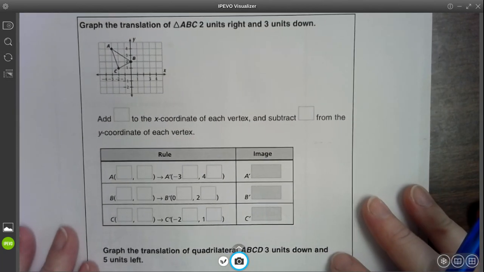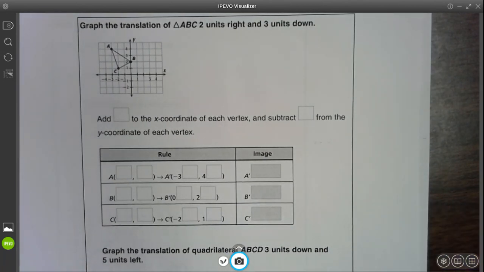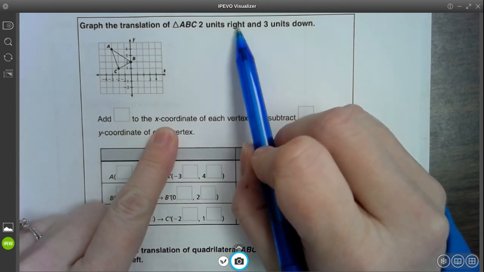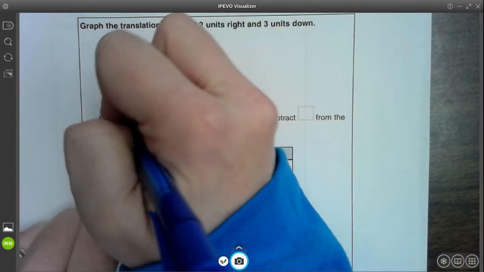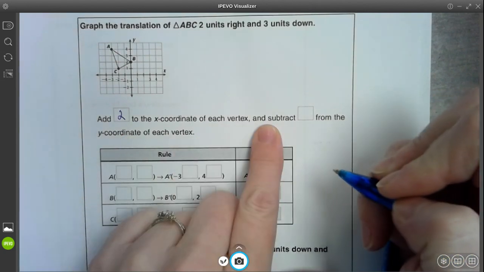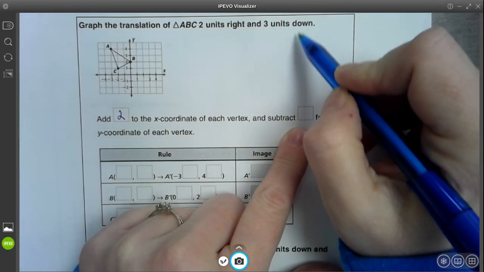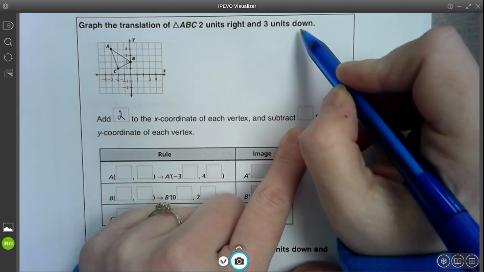This one says graph the translation of triangle ABC, 2 units right and 3 units down. So 2 units to the right affects the x-coordinate, and right is positive, so we could add 2 to the x-coordinate of each vertex. And then 3 units down, down is the y direction, and it's negative.